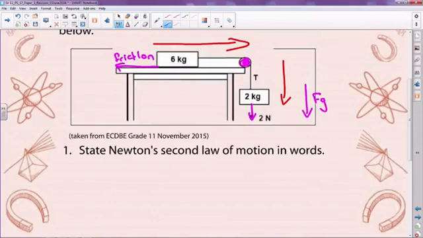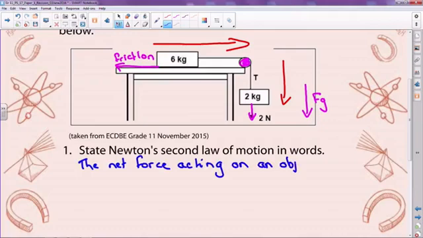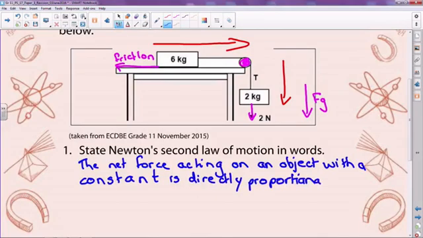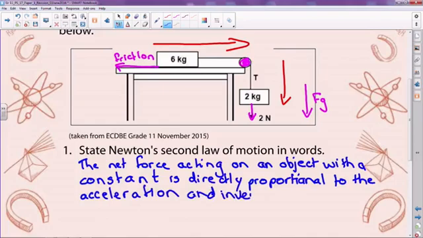So we're going to say that the resultant or the net force acting on an object with a constant mass is directly proportional to the acceleration and inversely proportional to the mass.